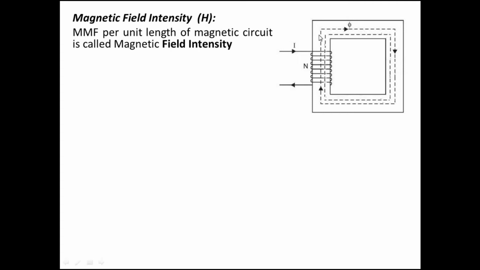So if L is the total length of this magnetic path, H is equal to F by L, MMF by L. Again, MMF is NI, so H is equal to NI by L, and its unit is AT by M. AT is the unit of MMF and meter is the unit of length.